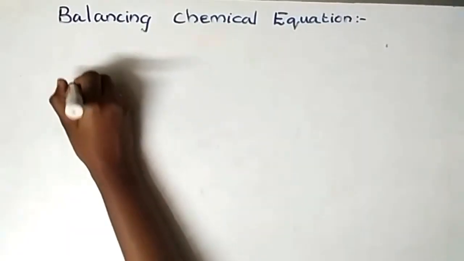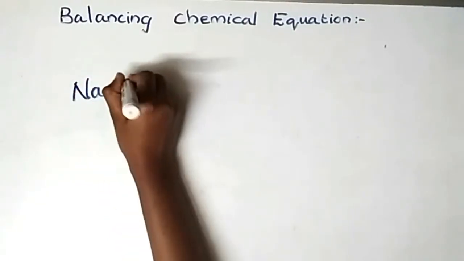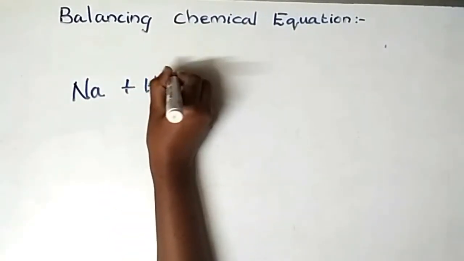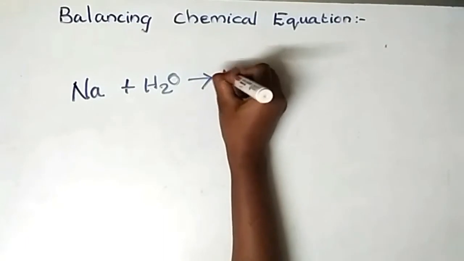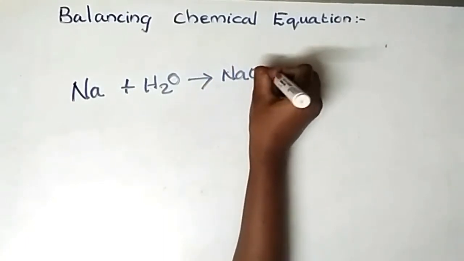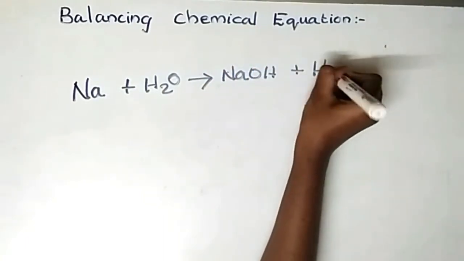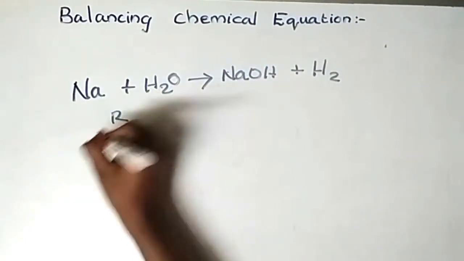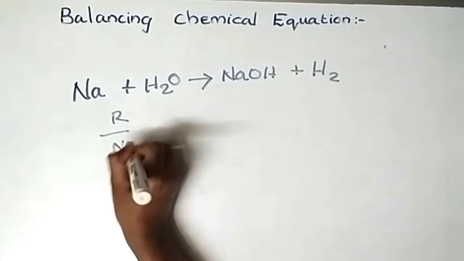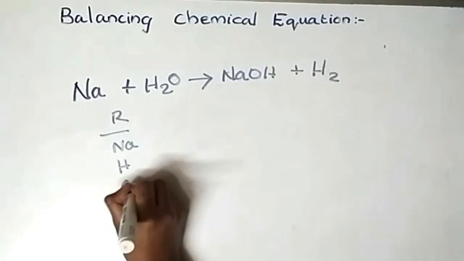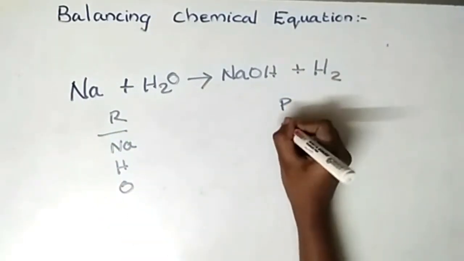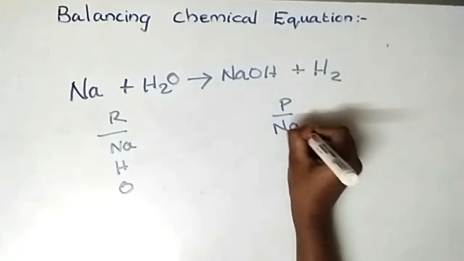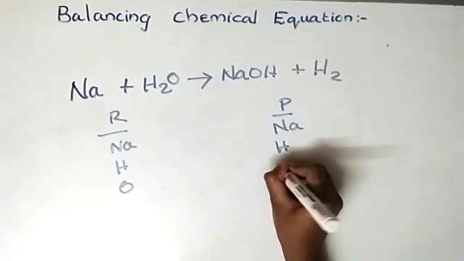Now we will balance the next equation, that is sodium plus H2O gives you NaOH plus H2. First write the elements. In the reactant side we have sodium, hydrogen and oxygen, and the same in the product side: sodium, hydrogen, oxygen.